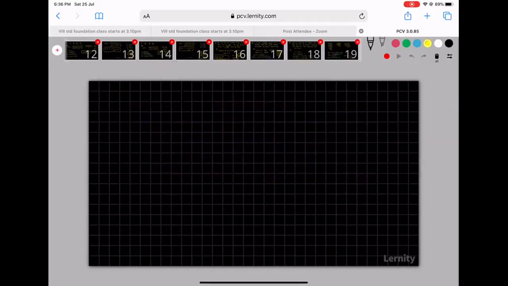Here you see, let the number of rows be x. We don't know the number of rows.